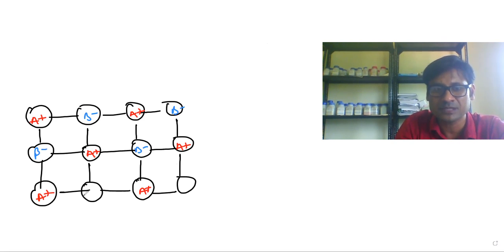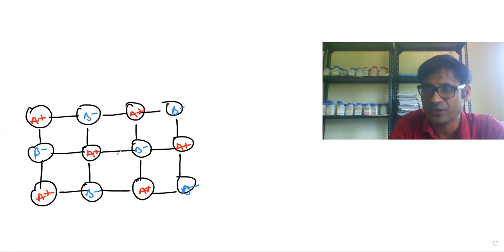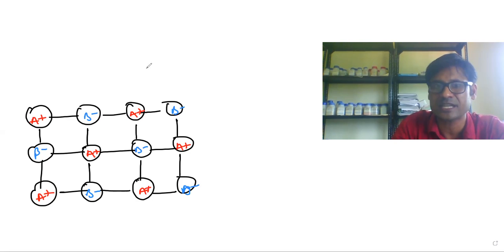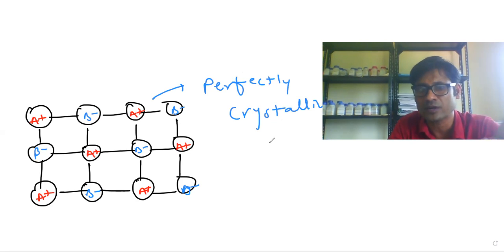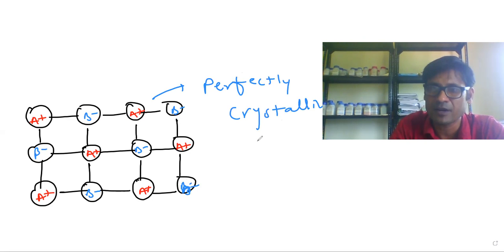So plus minus, plus minus, plus minus. This is a perfectly crystalline solid because there is no type of defect. There is no dislocation of any atoms or ions.